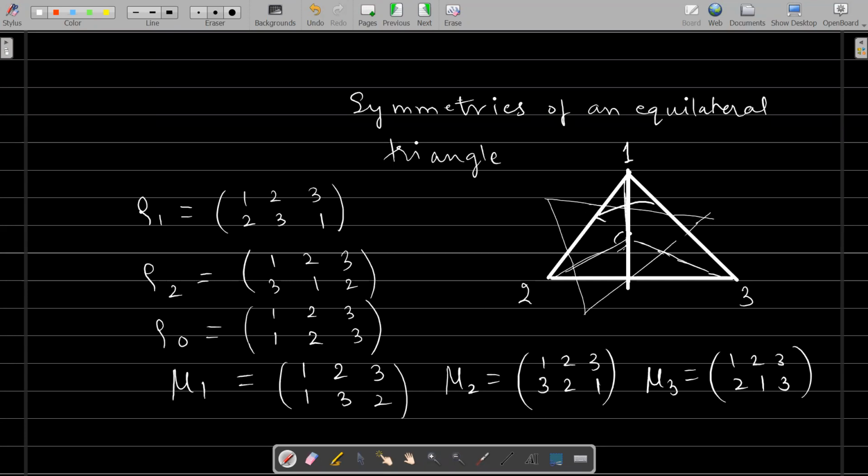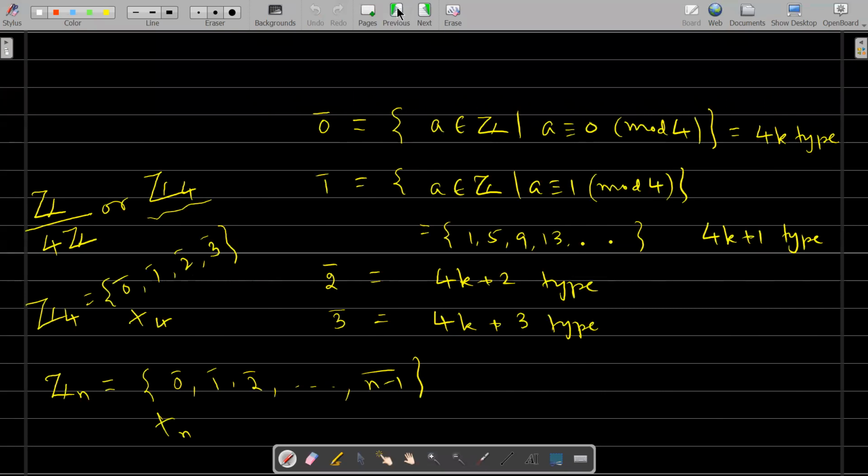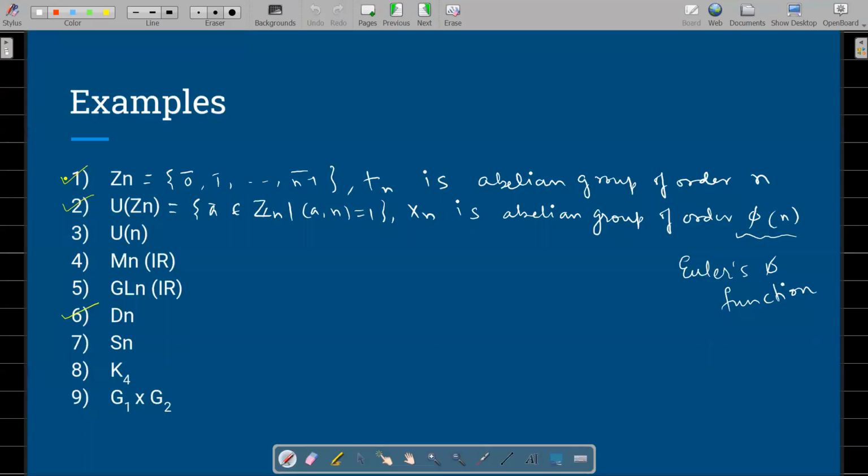If you form a table, you can see that it forms a group, and that group is called D3. So symmetries of a 3-gon. More generally, Dn stands for symmetries of a regular n-gon.